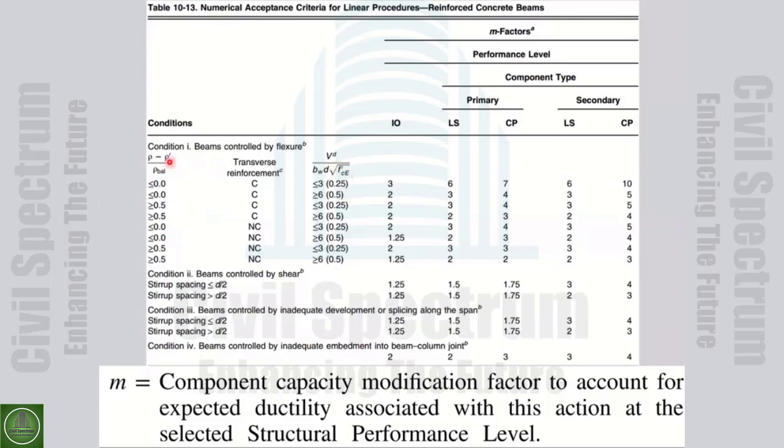For example, the level of ductility, the level of the transverse reinforcement, and the level of the shear. You say that the M value for LS is 3 or 6 or 2 or 10 or 1.25. So here we have the M values.